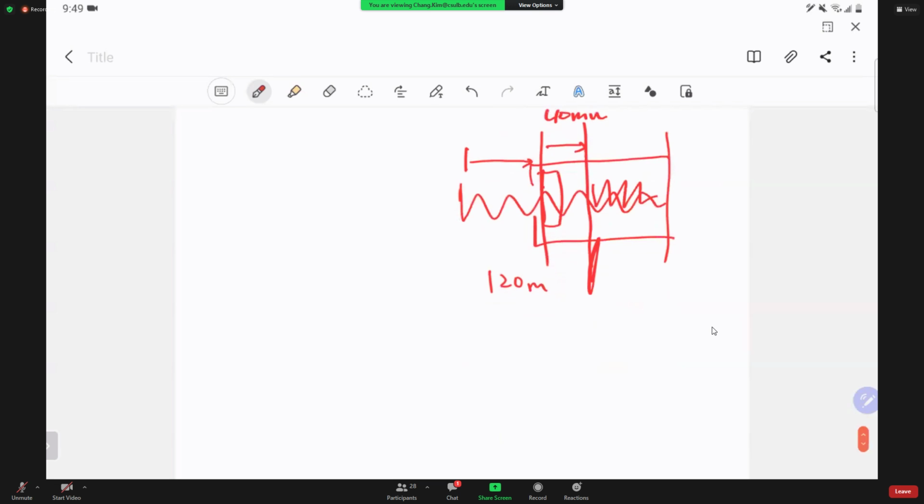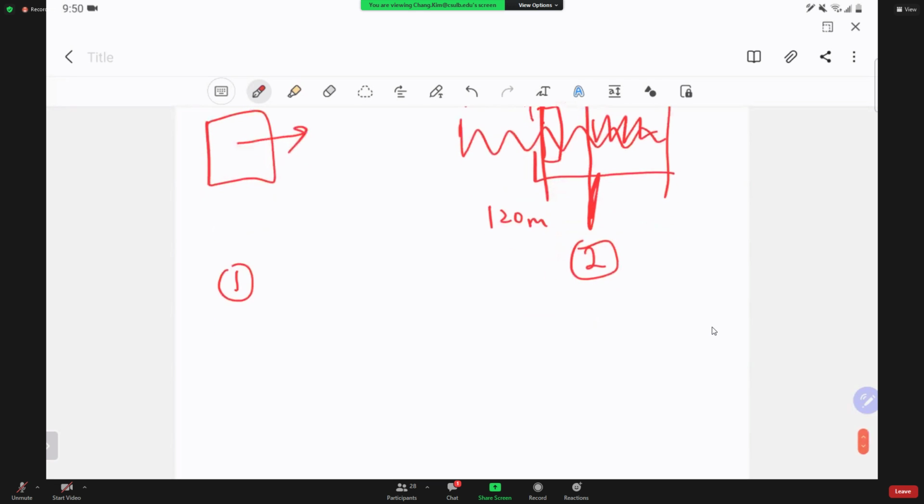So at this point, that's point 2. That was point 1, moving to the right. And I need you to use the long equation, which is 1/2 m v1 squared plus m g h1 plus 1/2 k x1 squared plus the U non-conservative work from 1 to 2 is equal to the similar terms at 2.